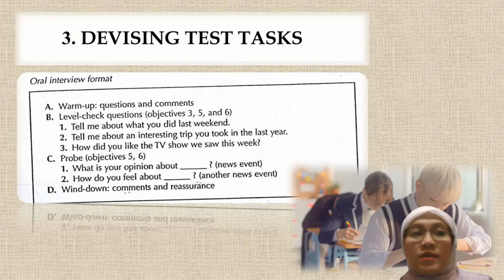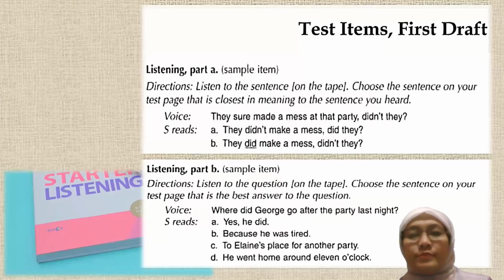The teacher starts to ask about what the students did last weekend, and then the teacher will ask students to tell about the interesting trip they took in the last year. And then C, probe the objective. For example, how do you feel about your vacation? And then the last one is wind down, penutup ya, by giving comments and reassurance.